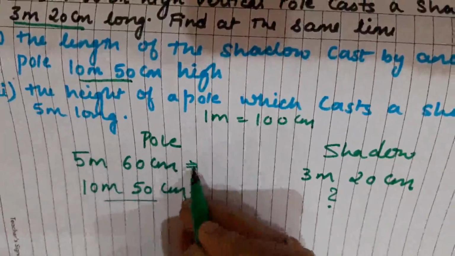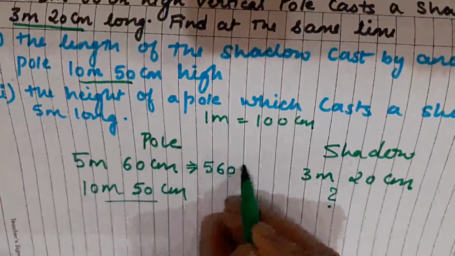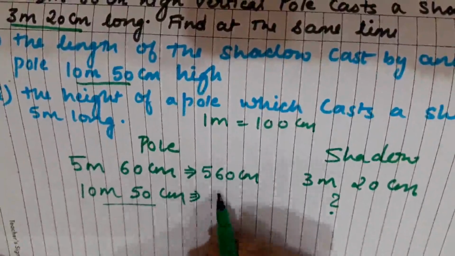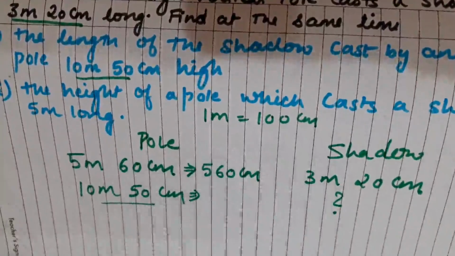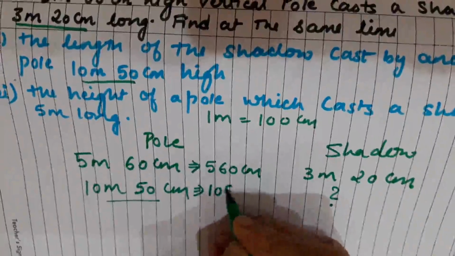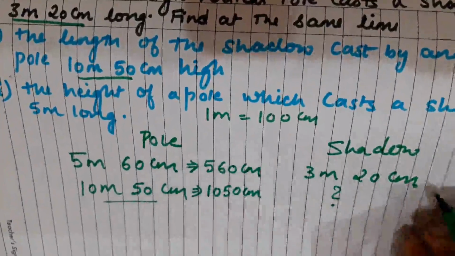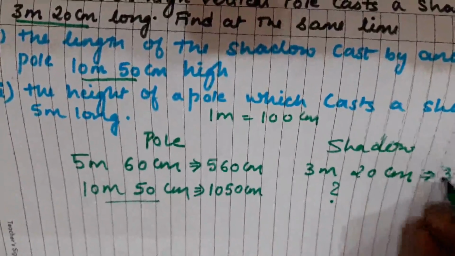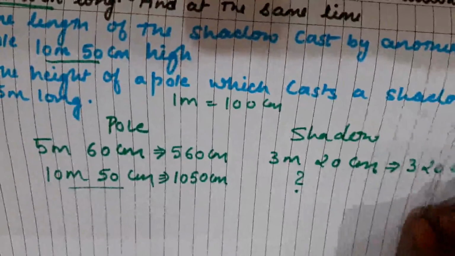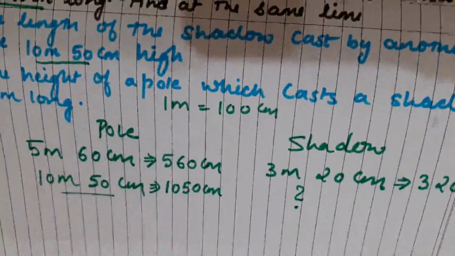It means this is equal to 560 centimeter. 10 meter means 10 into 100, which is 1000. 1000 plus 50 centimeter is 1050 centimeter. This will be equal to 320 centimeter. Okay, now all the measurements are in centimeter.